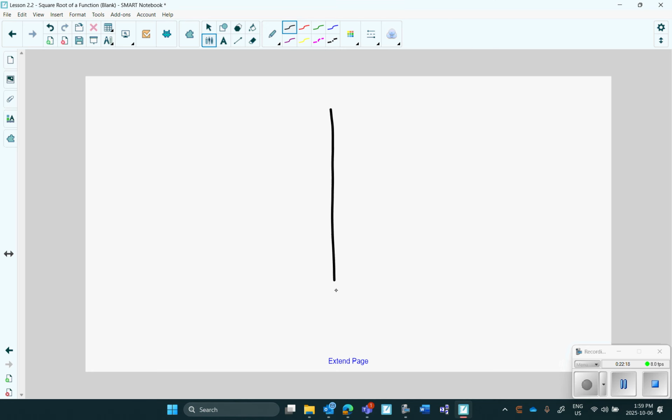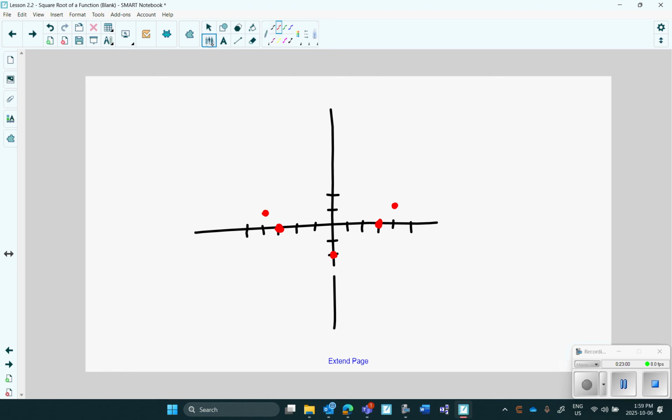Who wants to try this one? Okay, this is y equals 1.